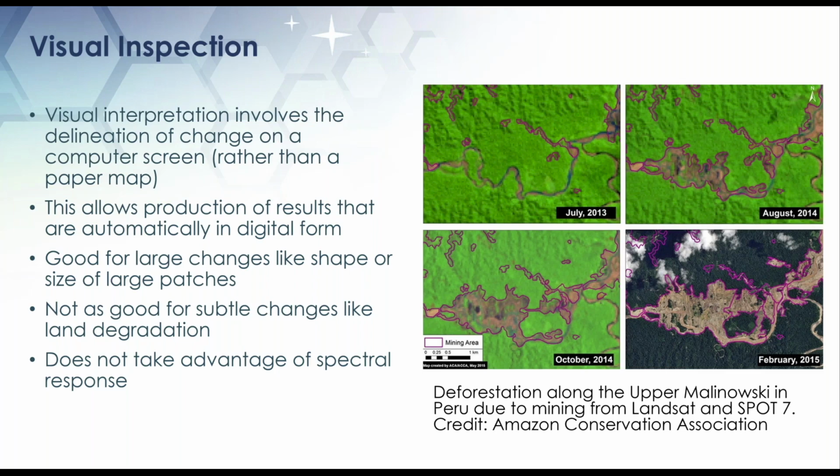And it's good for looking at very large changes, like shape or size of large patches. It's not quite as good at looking for subtle changes, like land degradation. And I guess the biggest thing about this approach is that it really doesn't take advantage of the entire spectral variability and spectral response using satellite imagery.